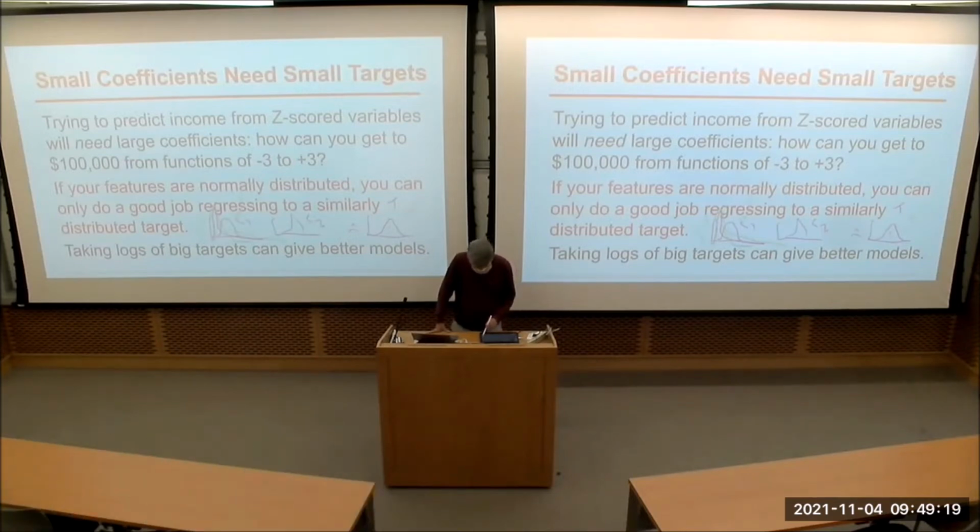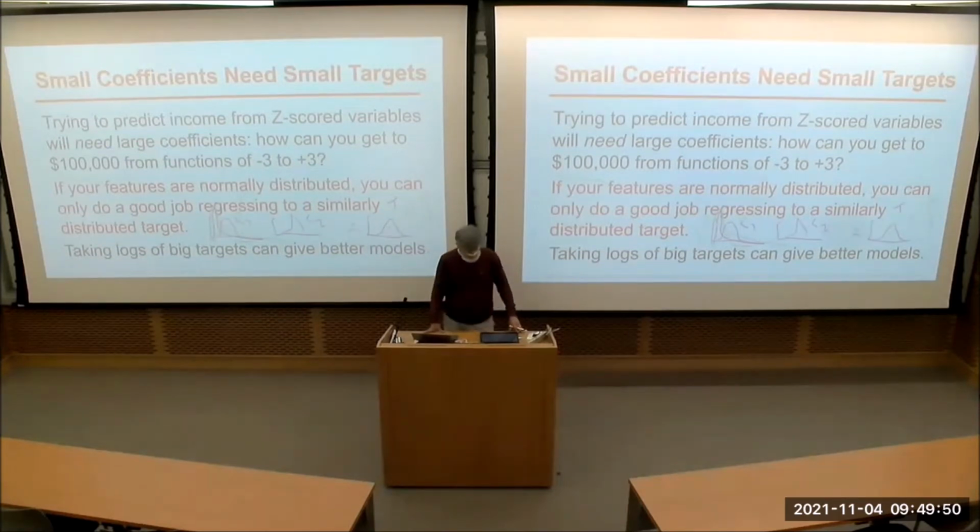Likewise, your target variable, what you're trying to predict, may very well be something that you want to convert first. If you were trying to predict income, which has big numbers associated with it, you probably want to turn the target into something normally distributed.